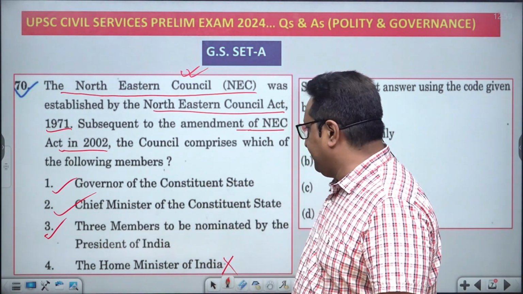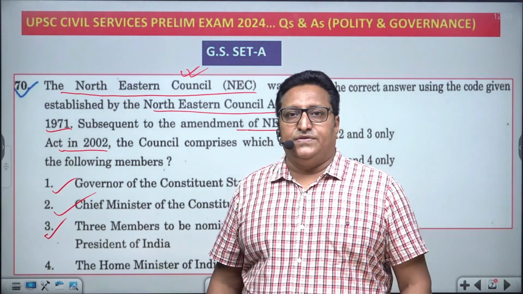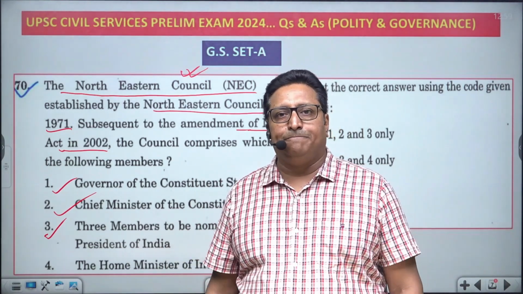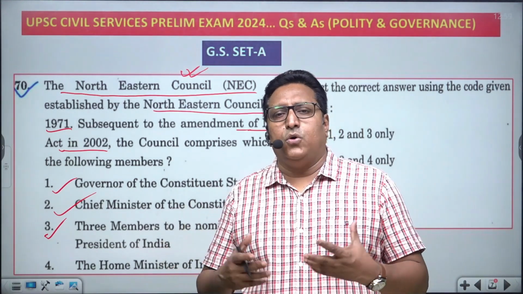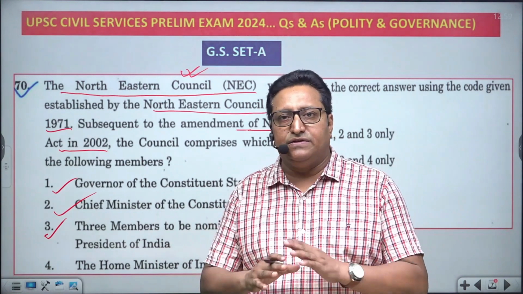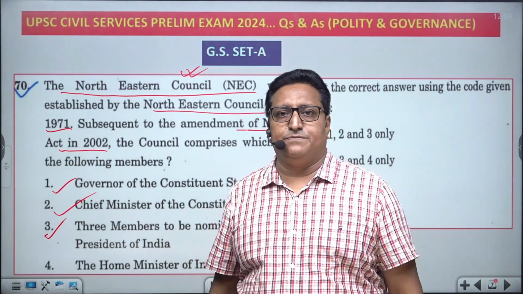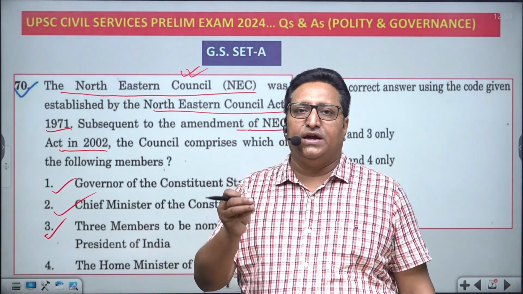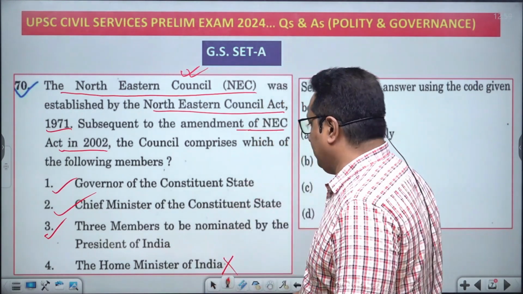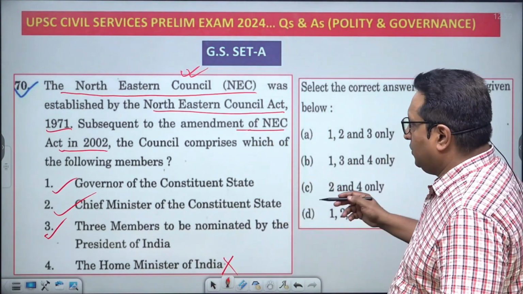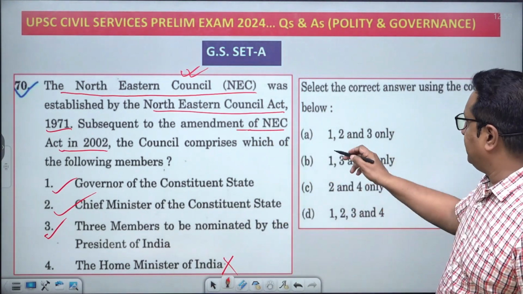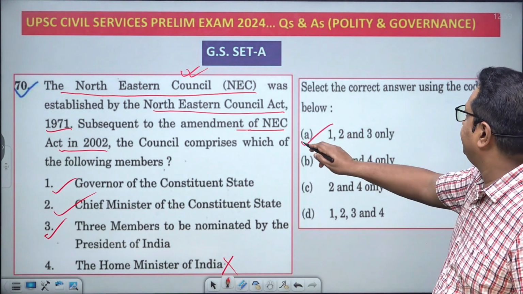So this is not correct. And the chairperson is the Home Minister. Usually it is not given, but chairperson is usually the Union Home Minister. Okay, so which will be the correct answer? Correct answer would be this.